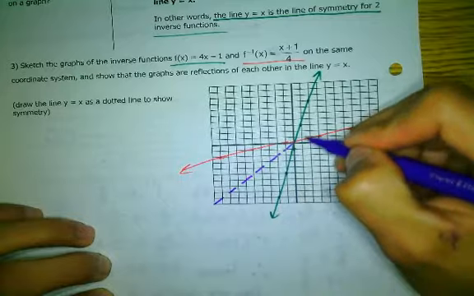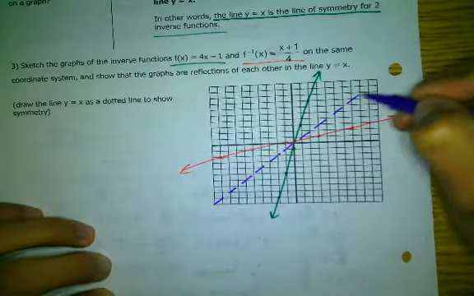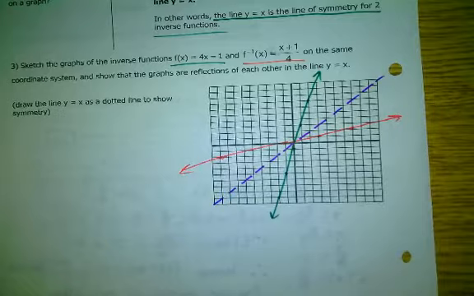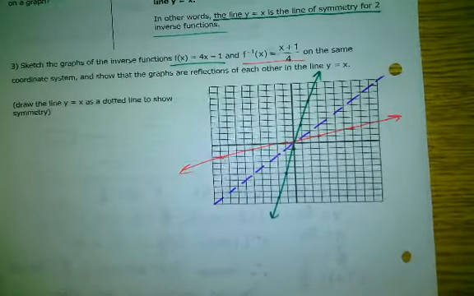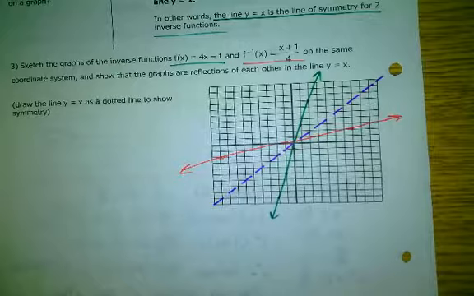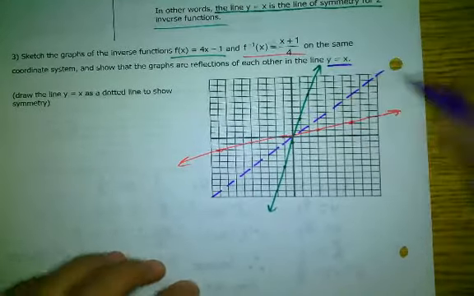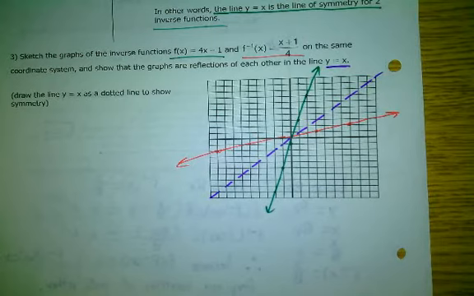Now here's my question. Looking at that sketch and recalling what we talked about with symmetry, is this symmetric with respect to y equals x? It definitely is. If I could literally take this paper and fold it along this purple line, you will notice that this red part is going to match this green part, and that this red part is going to match that green part.